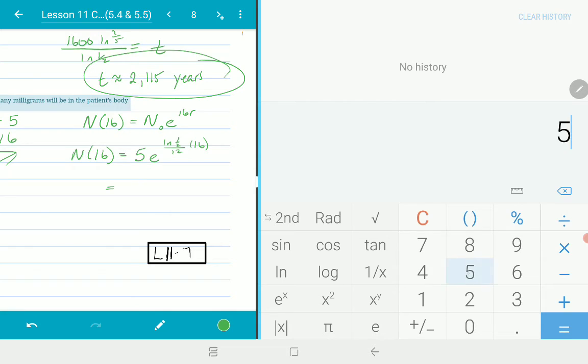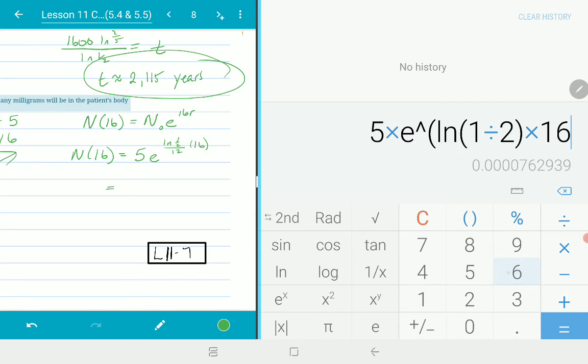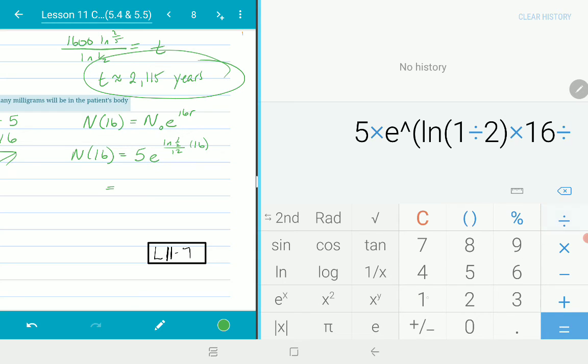All right, so we have 5 times e to the power of natural log of 1/2 times 16 divided by 12.